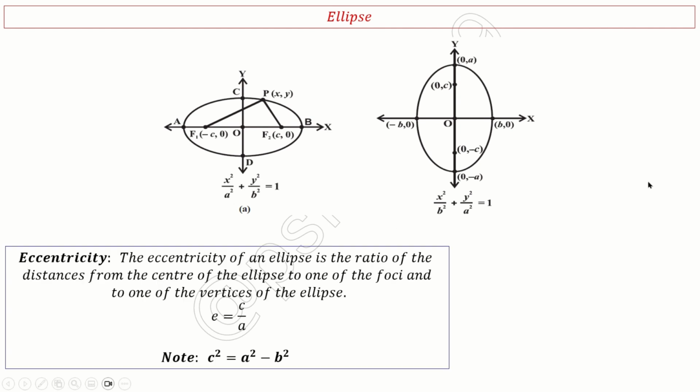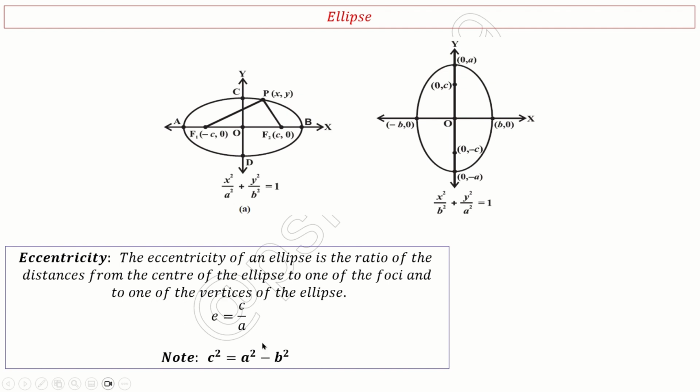Eccentricity of an ellipse is the ratio of the length from the center O to the focus, to the length from the center to the vertex. That means c by a is the eccentricity.